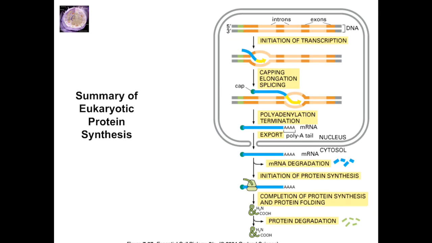So if you think about it, every cell in your body contains all the genes that it will ever need. So if you were a liver cell, would you want to make the eye proteins and the gut proteins and the blood proteins, or do you only want to make the liver proteins?